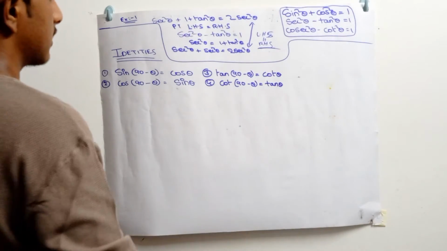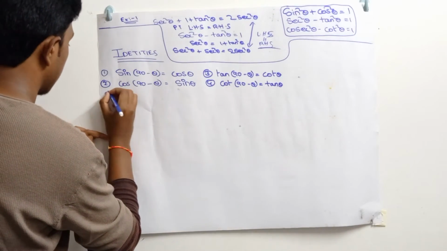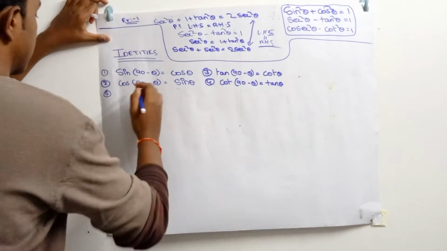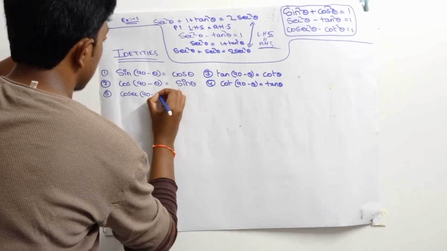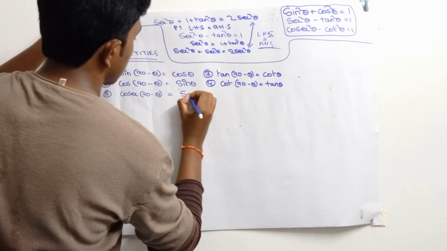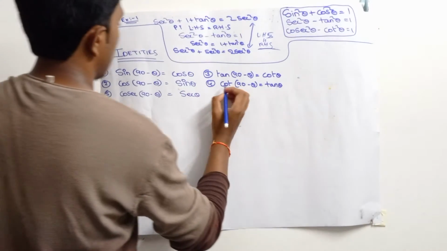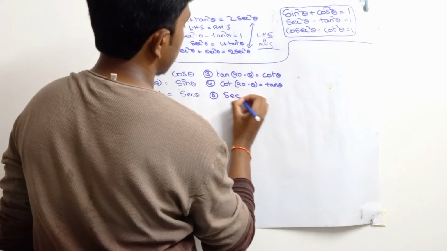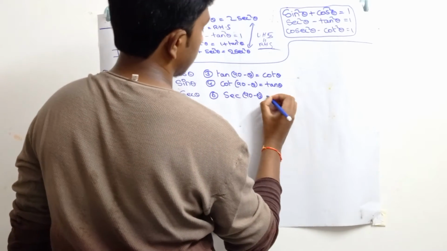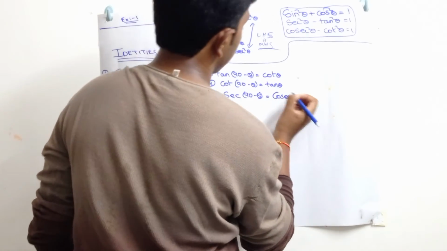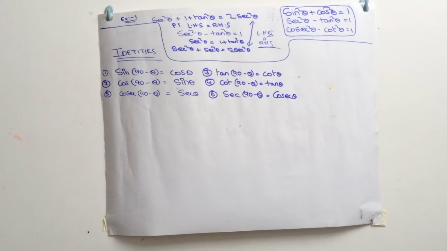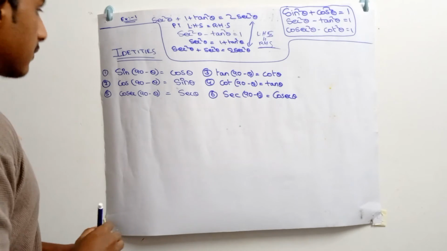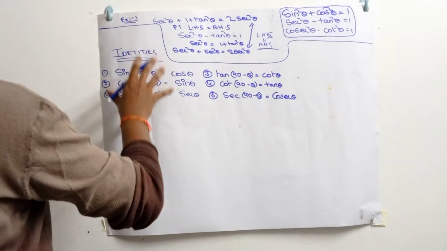The fifth one is cosecant 90 minus theta is equal to secant theta, and secant 90 minus theta is equal to cosecant theta. Okay guys, these are the 6 important identities, and now I'll explain how we get these also.